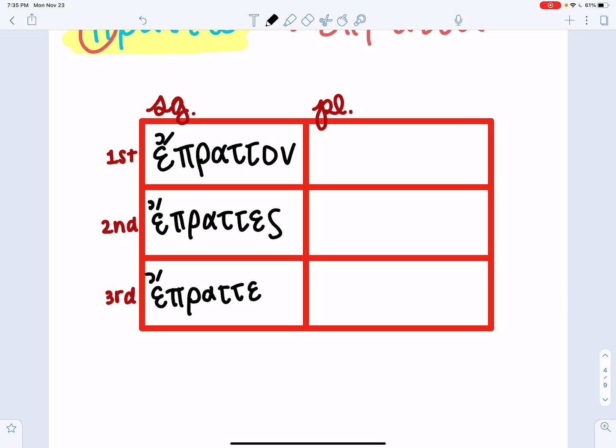And on to the plural. Now things are super easy for us because we've already learned everything. That's right. Epratomen. Smooth breathing. Our epsilon is short on the end, so we're going to move back 2 syllables for our accent. So epratomen.